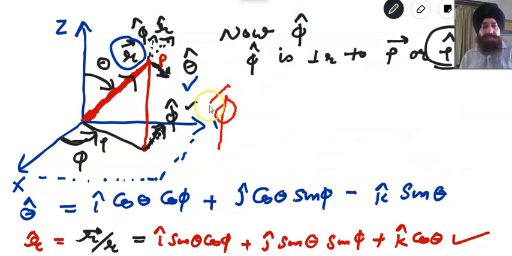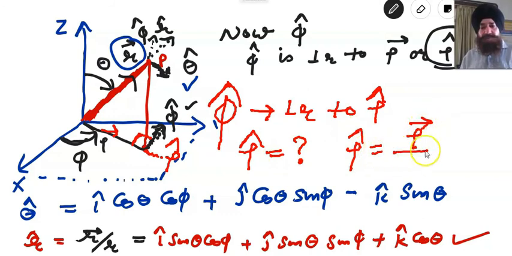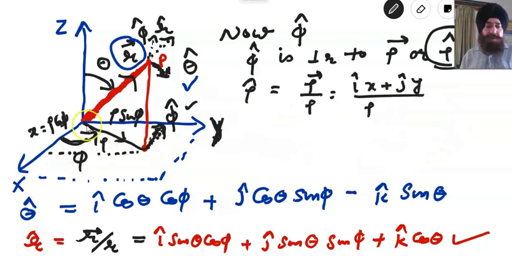Now coming here, what is phi cap? Phi cap is perpendicular to the rho vector, or you can say rho cap. So first of all, I'll find what is rho cap. Rho cap is rho vector upon rho.